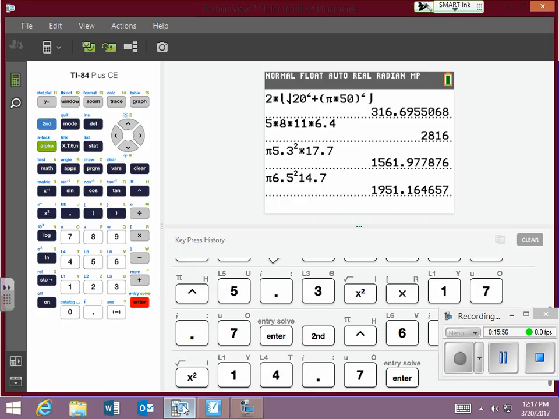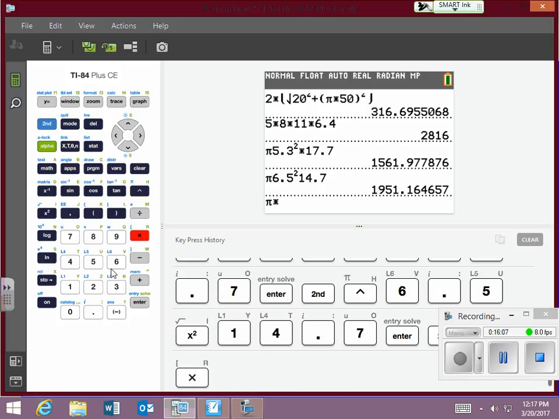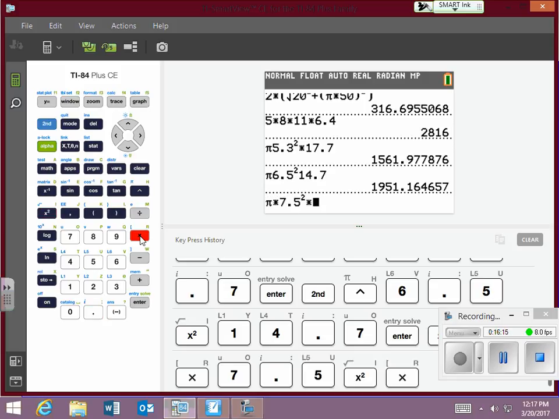So pi, times 7.5 squared, right? Times, what was the other thing? Times 35.